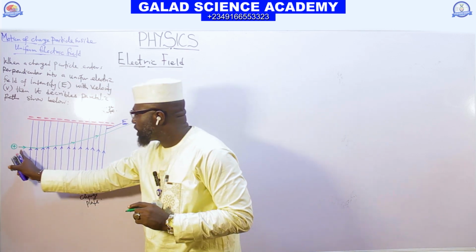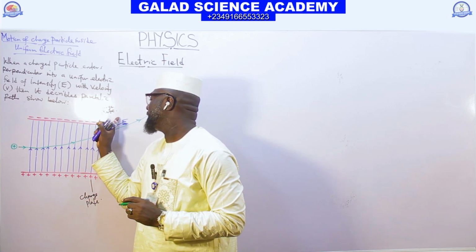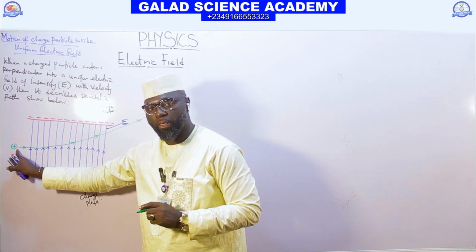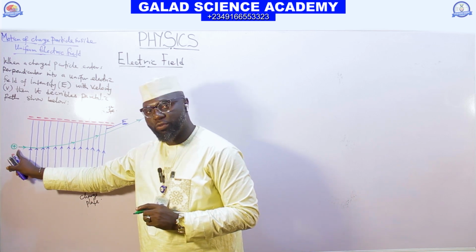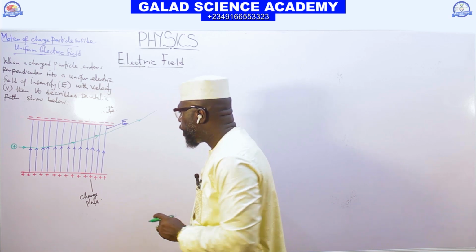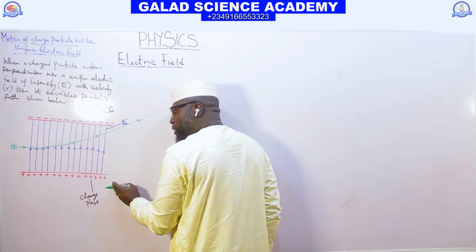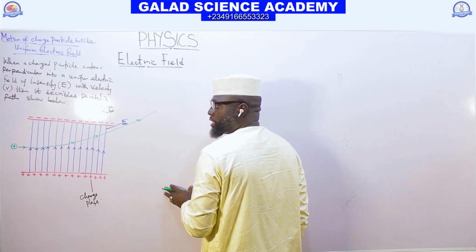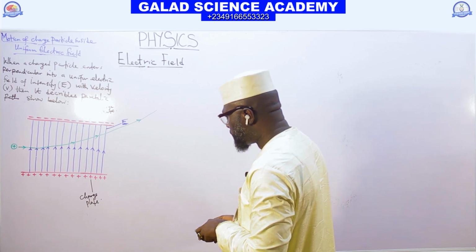Why is the charge moving upward? Because it will attract the negative plate. Assume if this charge here is negative, it will bend downward. The positive charge always bends toward the negative charge. Good.